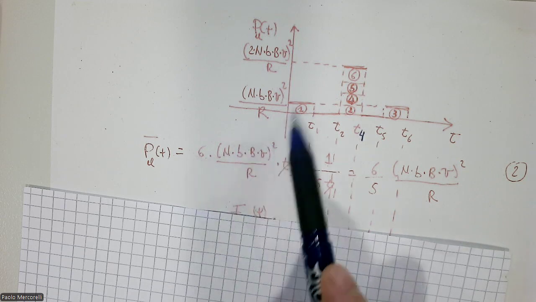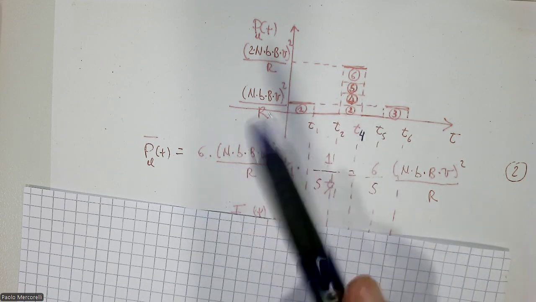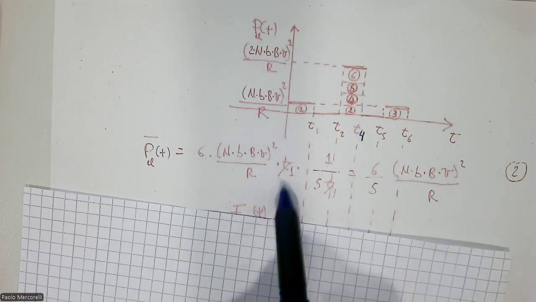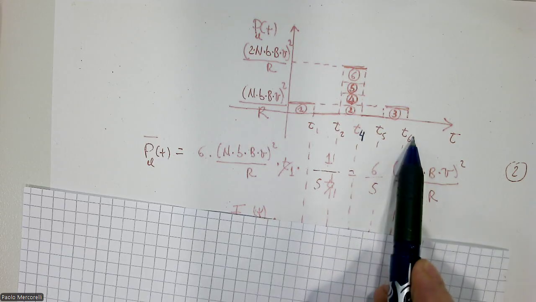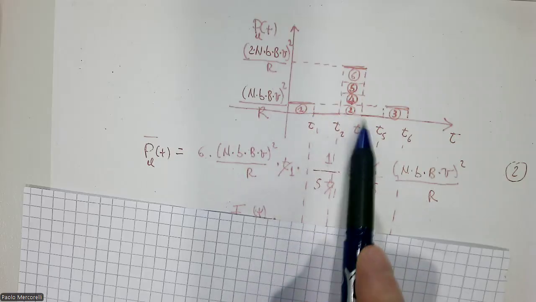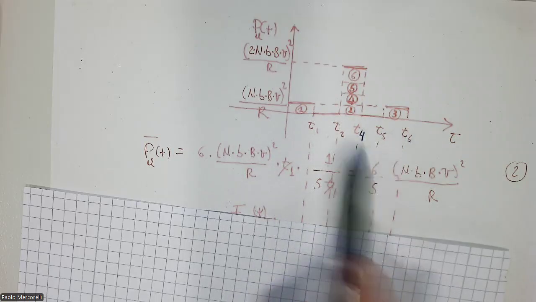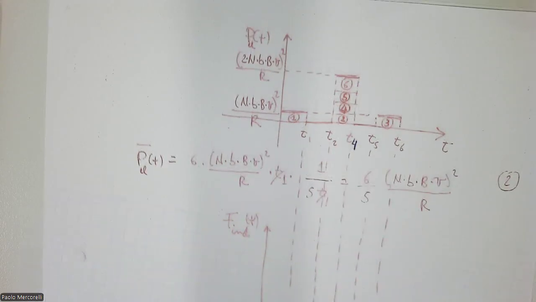We have 6 surfaces, or let me say active surfaces, in which we have the voltage not zero. And then I have to divide by T6. But T6 is 5 times T1. 1, 2, 3, 4, 5. This is a way to calculate the mean value. Of course, if you don't like, apply the integral.